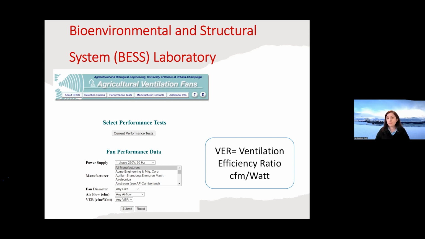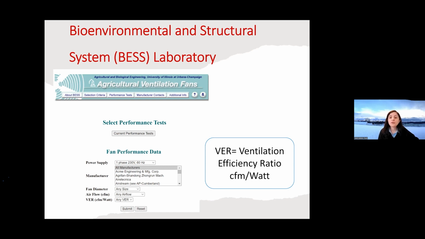You can choose the manufacturer, or you can say, I want to see all manufacturers, what are my options. You can choose the fan diameter, airflow, and the efficiency ratio. There is something called ventilation efficiency ratio, which is CFM per watt.